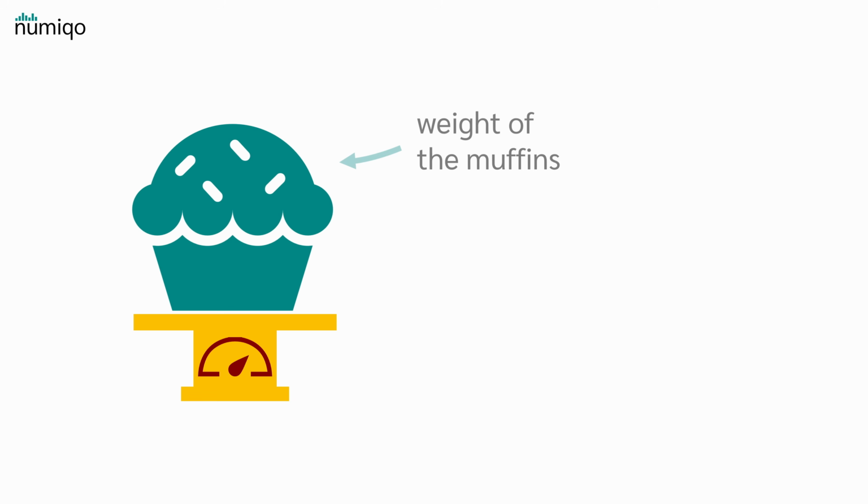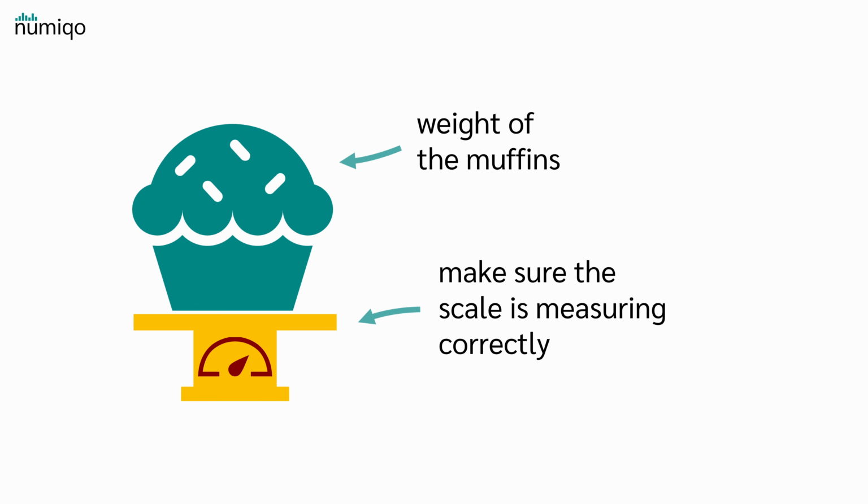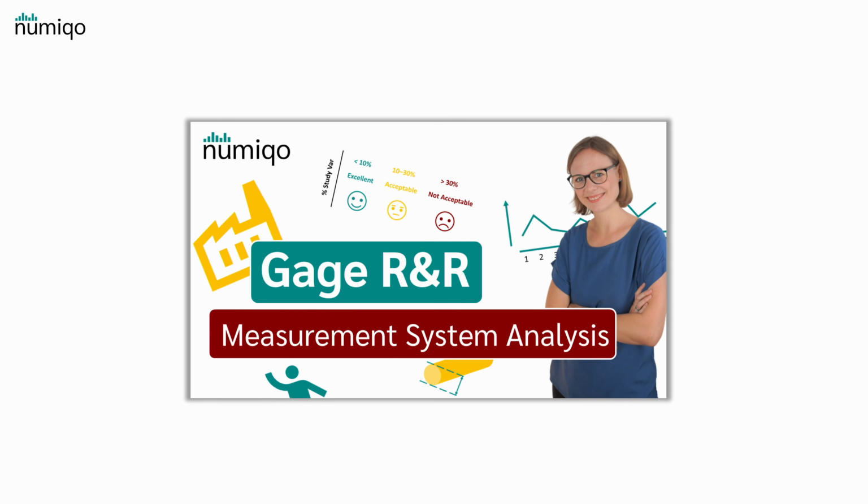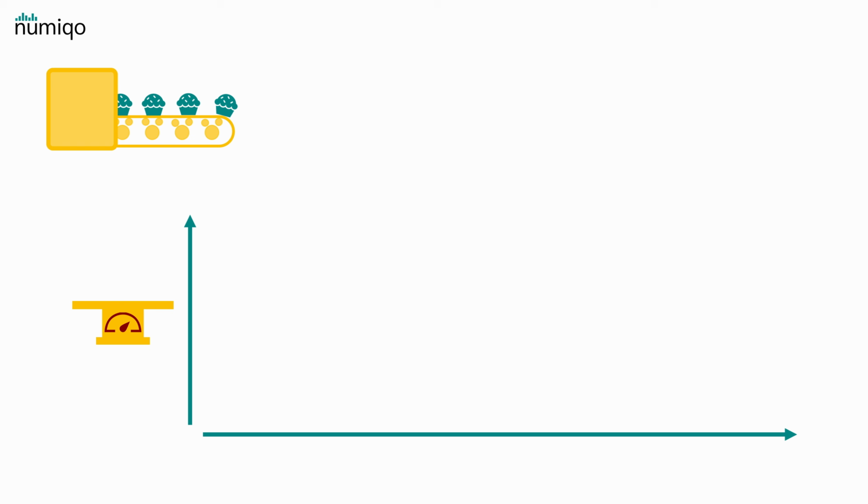We want to measure the weight of the muffins, so we must make sure the scale is measuring correctly. We can perform a measurement system analysis to ensure the scale isn't adding false variation. Feel free to watch my latest video for more information. Next, we collect data.